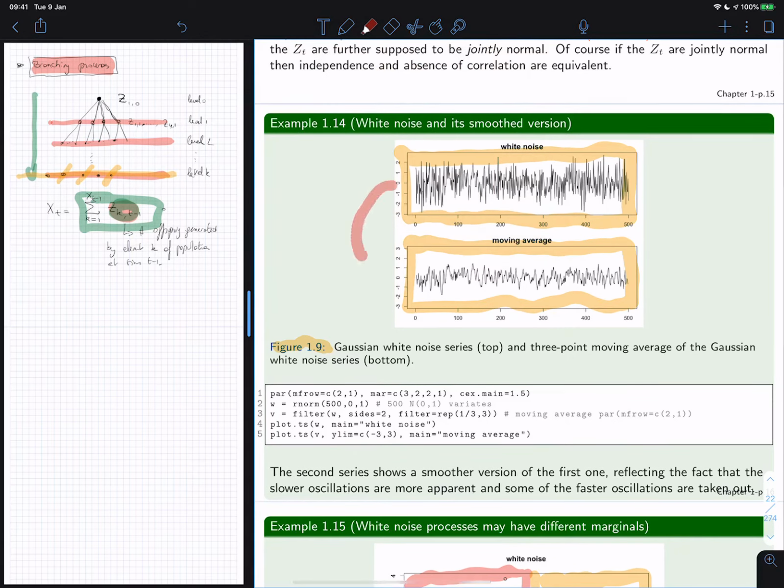And what we see is exactly as I had told you, a kind of smoothing. It follows the same basic curves, but it's a smoothed version. Some of the faster oscillations are taken out, and we see more of the slower oscillations in the data.